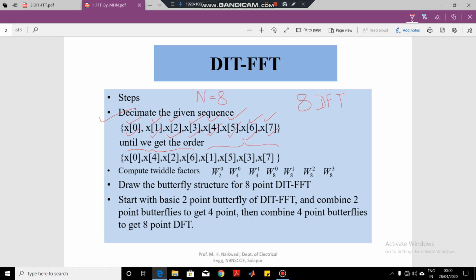When we solve the numerical on DIT FFT, how this decimation takes place will become clear. But for the first step, remember that whenever the sequence is given, in the decimation in time FFT algorithm, we first decimate the given sequence into even and odd samples, and again into even and odd samples, so that we get the samples in bit reversed order.